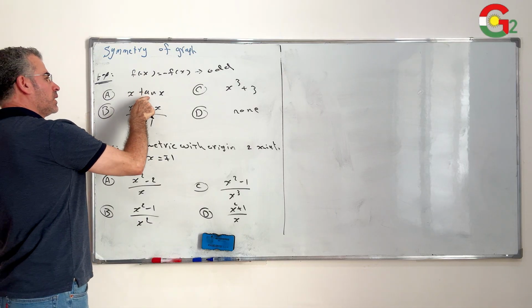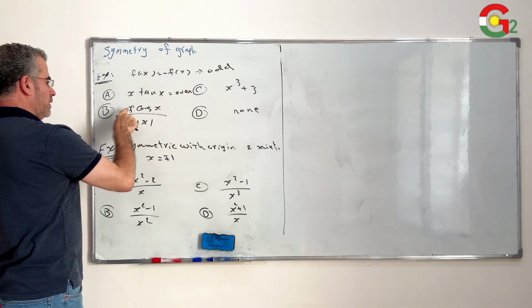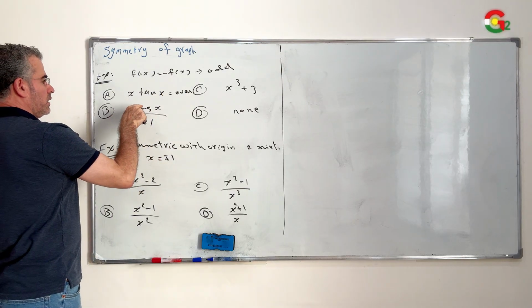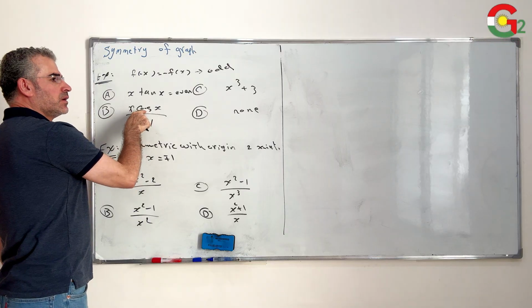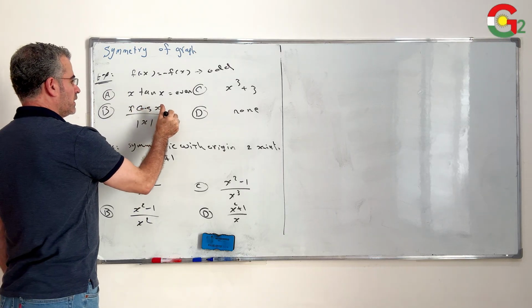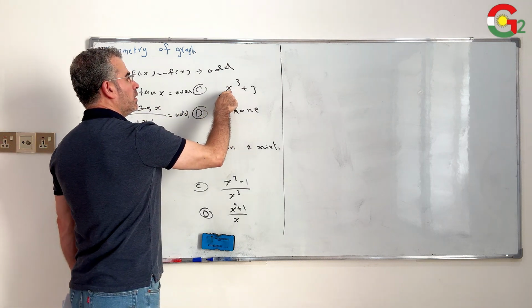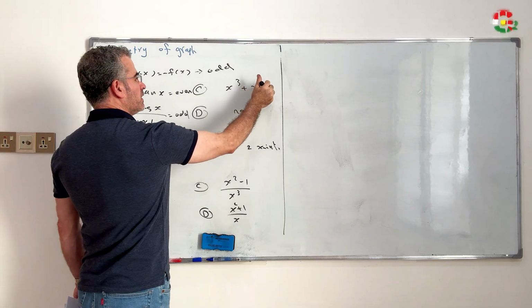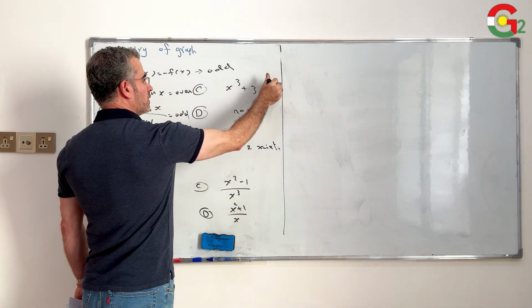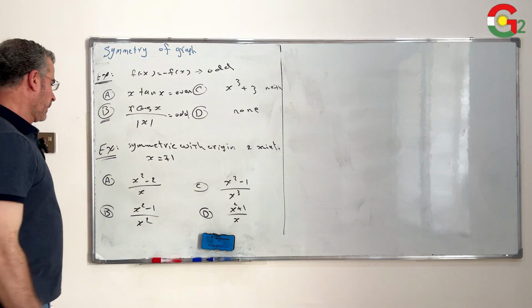Odd times odd is even. Odd times even is odd. Odd over even is odd. Odd times even is neither. Then the right choice is B.